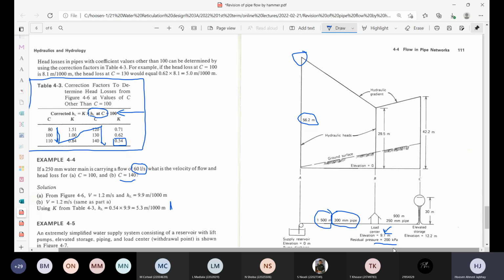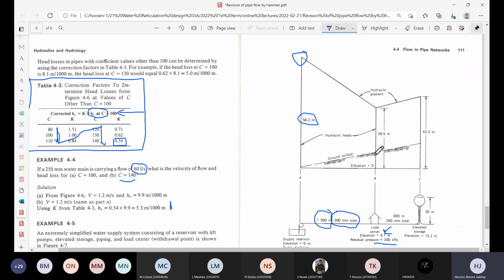Or another way to look at it is if I took that 200 kPa and divided it by 9.79 and converted it to meters of head, I'd get a value of 29.5. 29.5 is relative to the datum of 0, but if I want to convert that to a piezometer reading, it would be 29.5 minus the 9.1, because that's the elevation at point B.